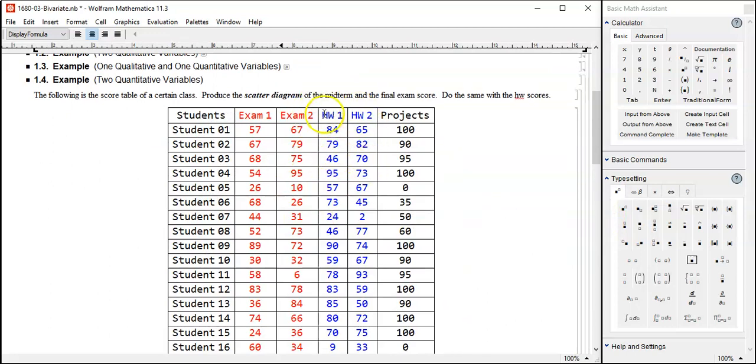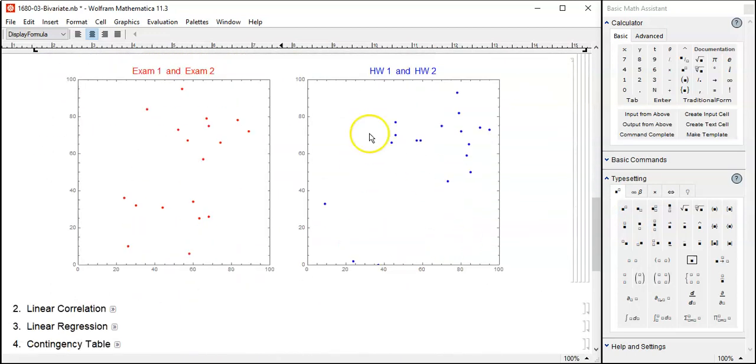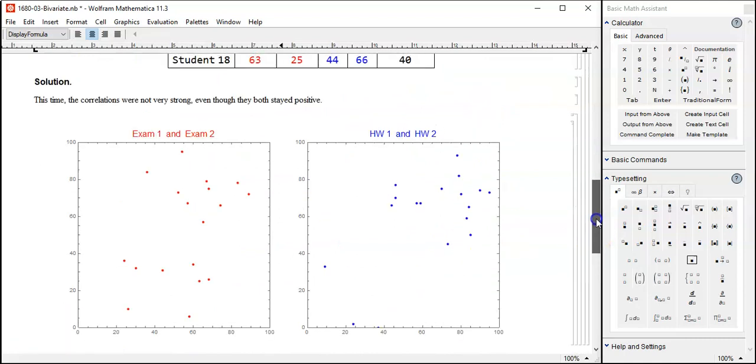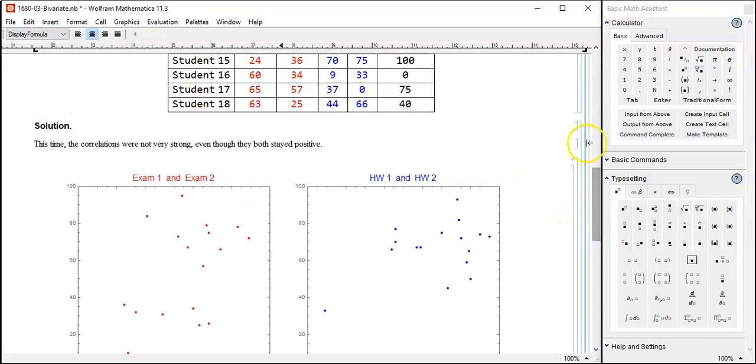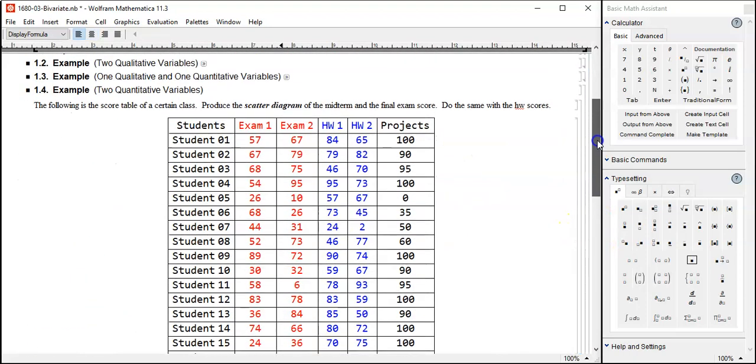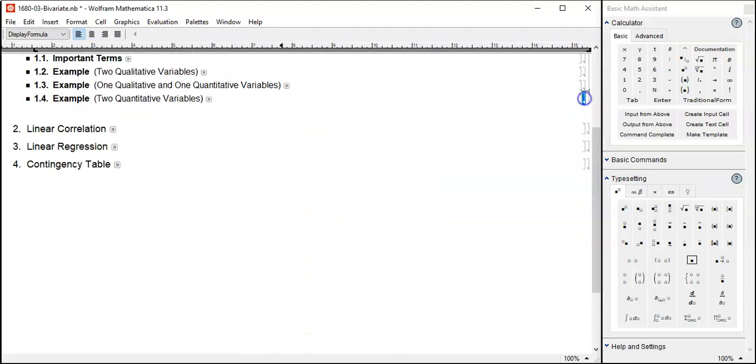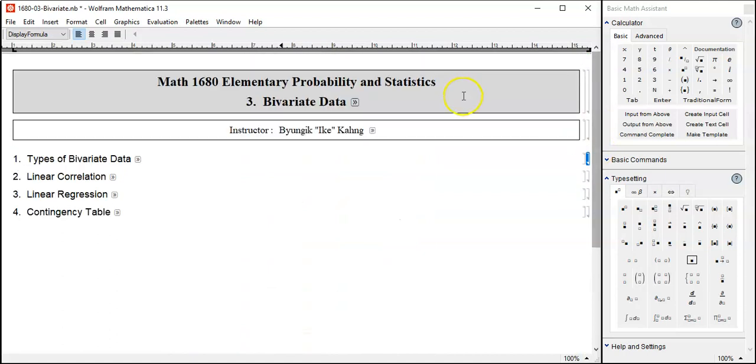Here, if you concentrate upon homework 1 and homework 2, you're going to get this, a scatter plot. Okay, we do have some time left, so let's talk about technology. I wasn't planning on it, but let's go ahead and do that.